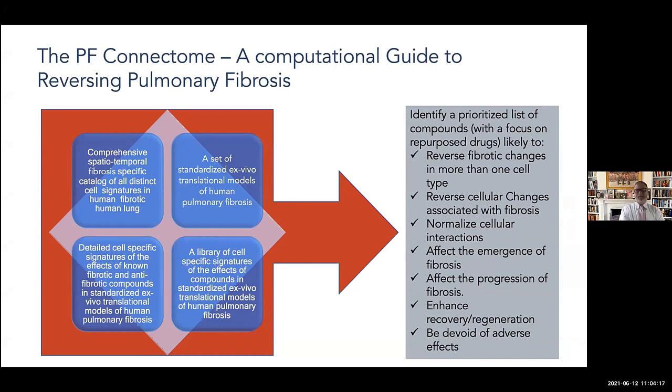The idea is that we could identify a prioritized list of compounds with a focus on repurposed drugs likely to reverse fibrotic changes in more than one cell type, normalize cellular interaction, affect both the emergence and progression of fibrosis, enhance recovery of regeneration, and hopefully be devoid of adverse effects.